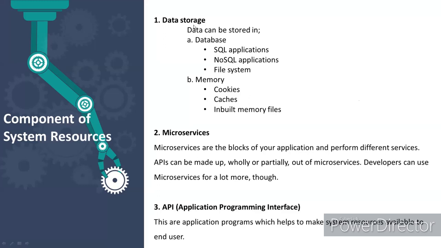Welcome. So we have something called NoSQL applications. This is a database also. The first one, SQL application, is a relational database management system. The NoSQL is non-relational. The relational one, which is the SQL application, has to do with structured data in tabular form.